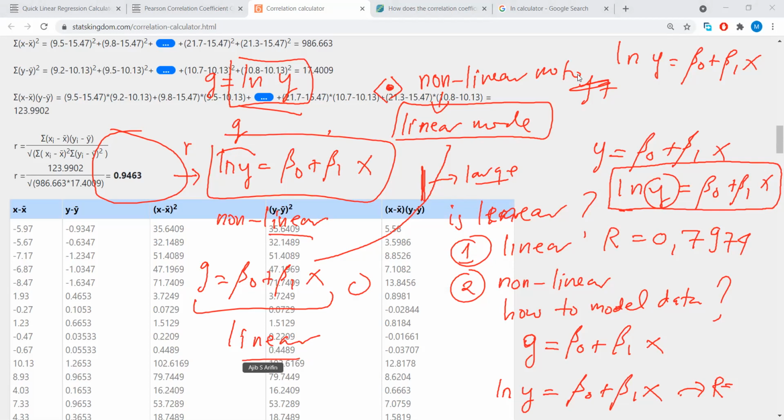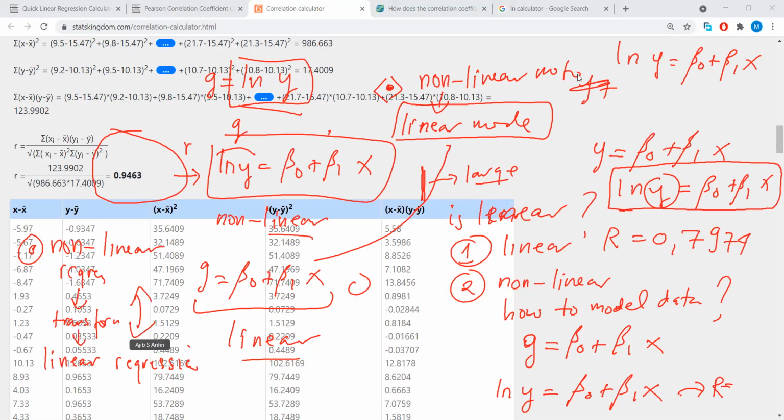Okay, so the important thing that we can learn is non-linear regressions can be transformed into linear regressions, or the opposite.